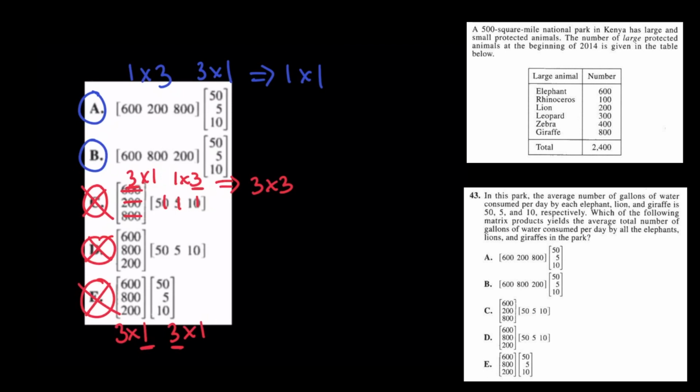If we look at these first numbers, we just need to make sure they line up correctly with the second matrix. So then we need to look at the data given to us in the problem. It looks like elephants, so I'm just going to write this down. Elephants.